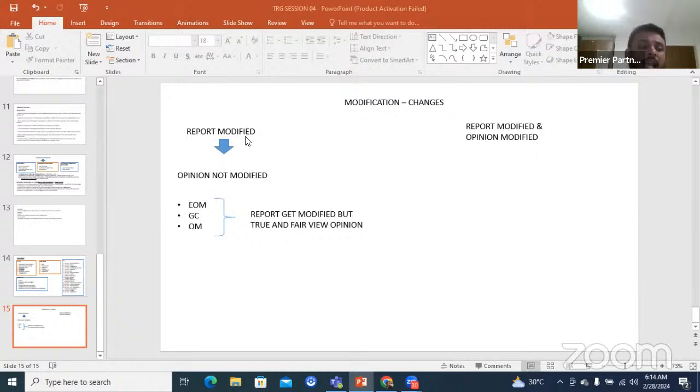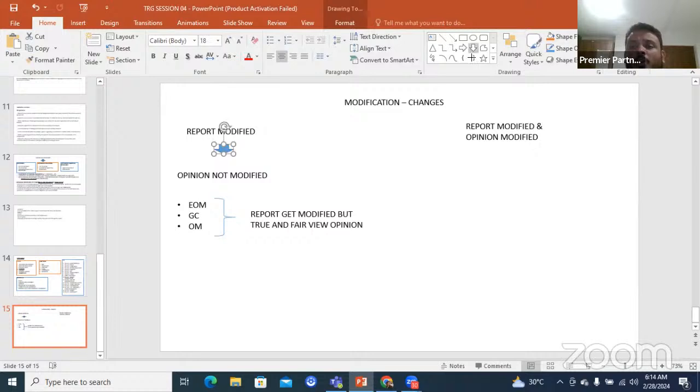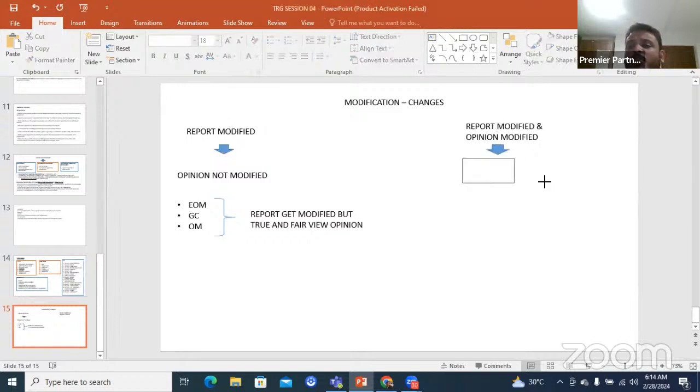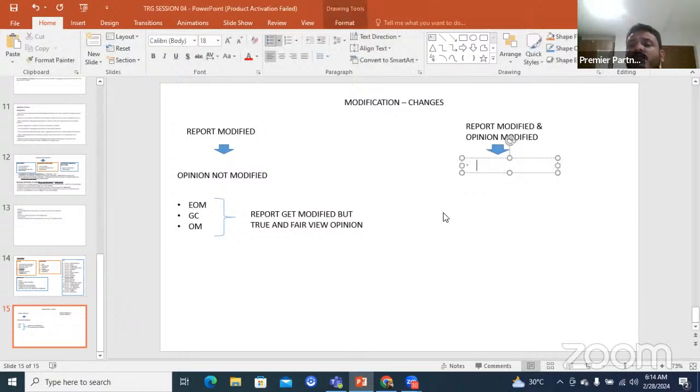Report modified means additional communication that does not affect the opinion. When we are talking about modification where the report is modified and the opinion is also modified, in which situations do we do this? Two situations. First is material misstatement.